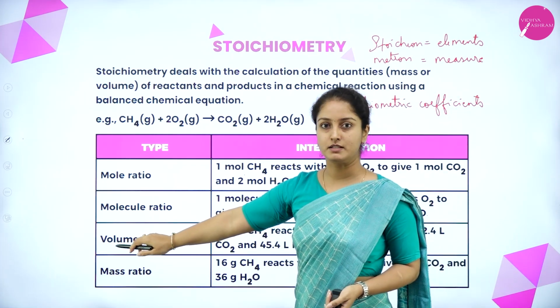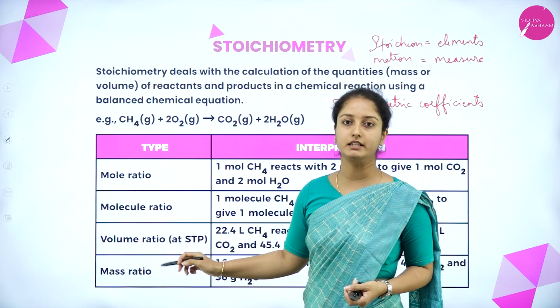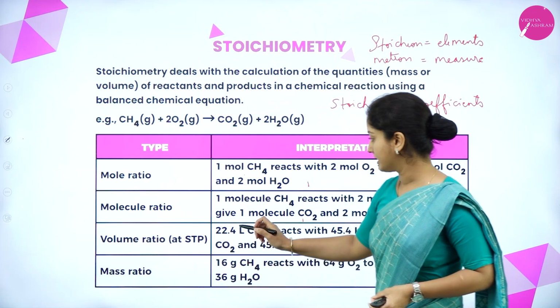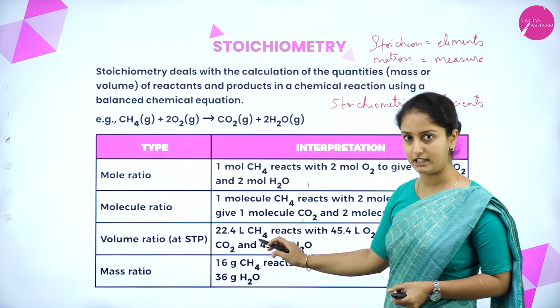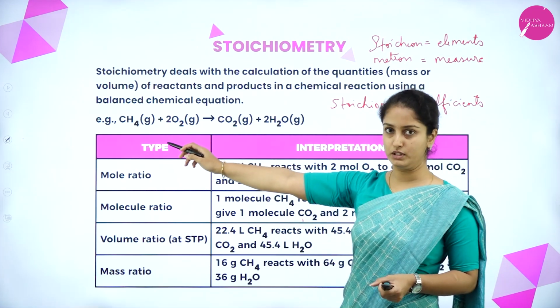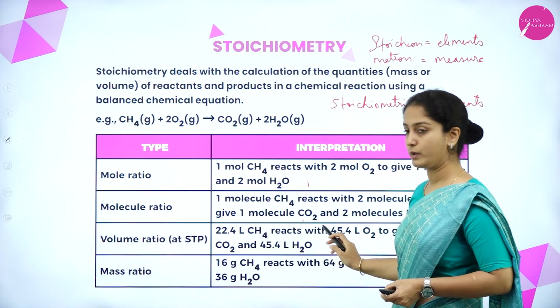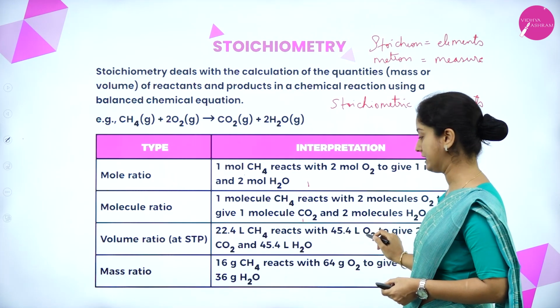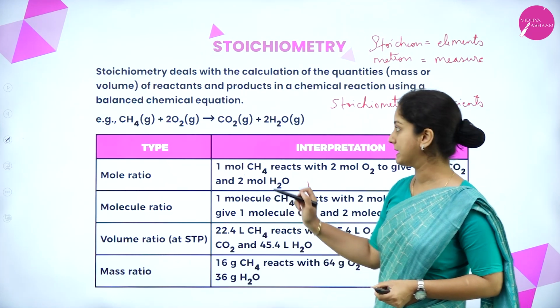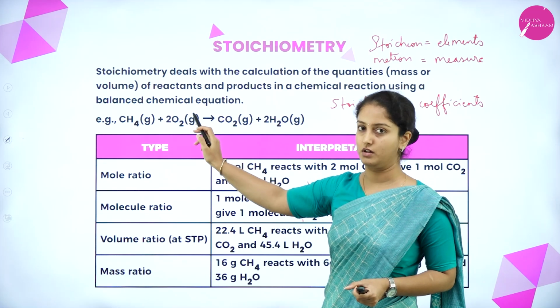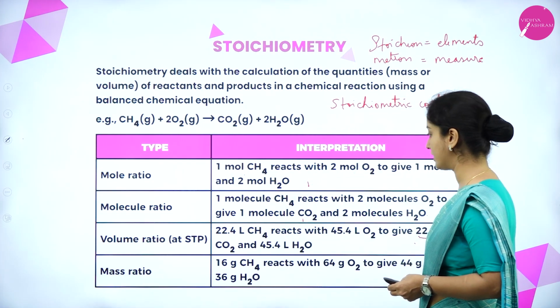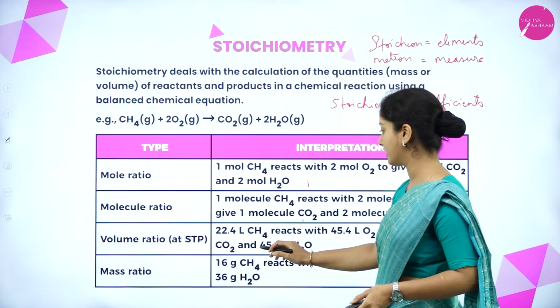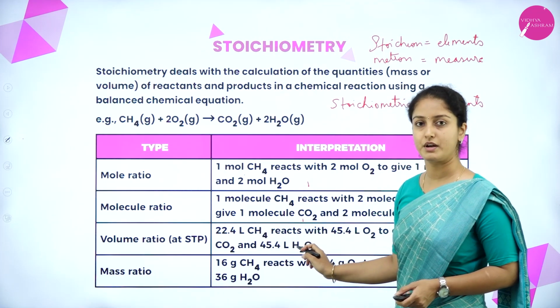Similarly, in terms of volume at standard temperature and pressure, it gives 22.4 liters of methane because it is only 1 mole. So it reacts with 44.8 liters of oxygen because of 2 moles of oxygen. It gives 22.4 liters of carbon dioxide and 44.8 liters of water.